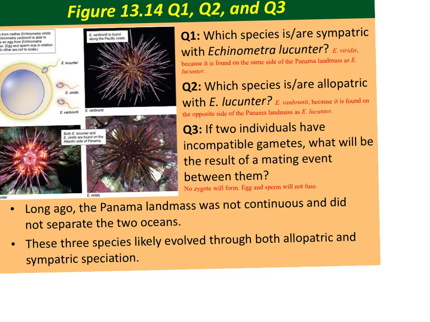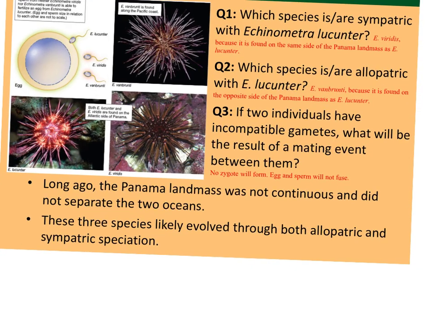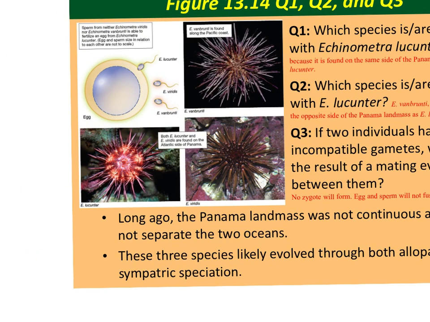If two individuals have incompatible gametes, what will be the result of a mating event? They will not form a zygote. Okay? So, even though the gametes might come in contact, the sperm will not be able to fertilize the egg of lucunter. Probably there are proteins on the outside of the sperm and the egg that require them to be symmetric, or the right proteins, and otherwise it won't happen.